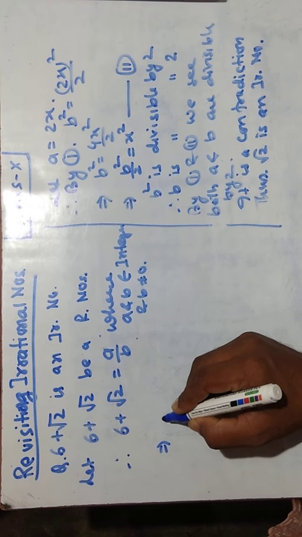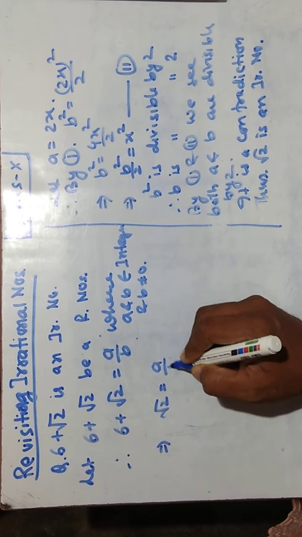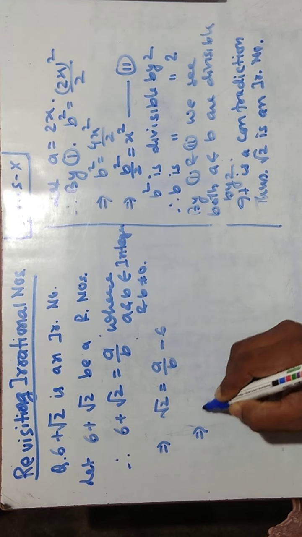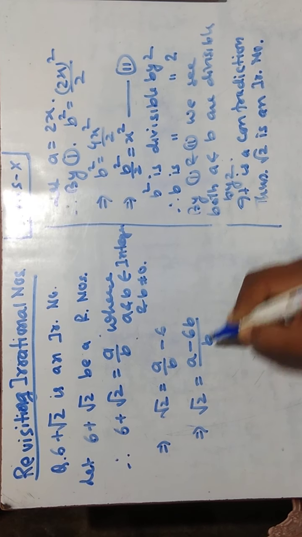So from here we can write root 2 equals a by b minus 6, or root 2 equals a minus 6b upon b.